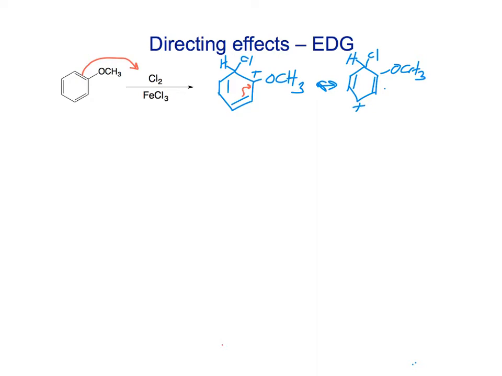Right? We could do this one more time. These electrons could move down this way. So these are all the standard resonance structures that we drew before, and so far they aren't any different than if we didn't have this methoxy group attached. Okay, that would put the plus over here.